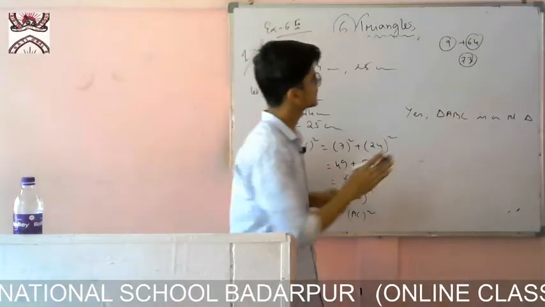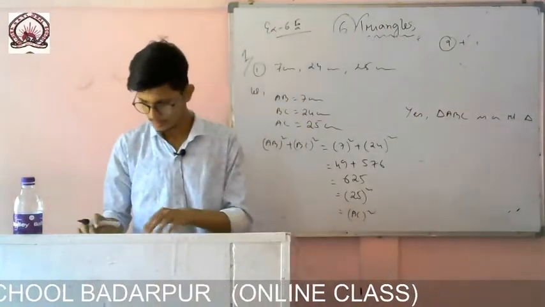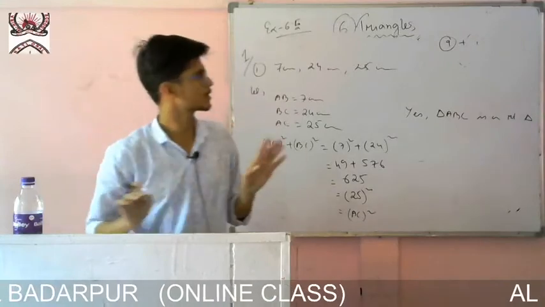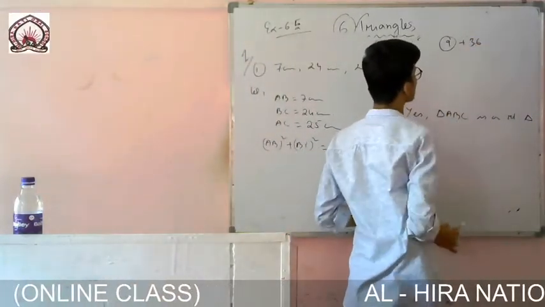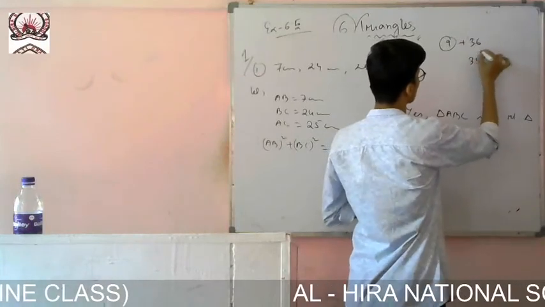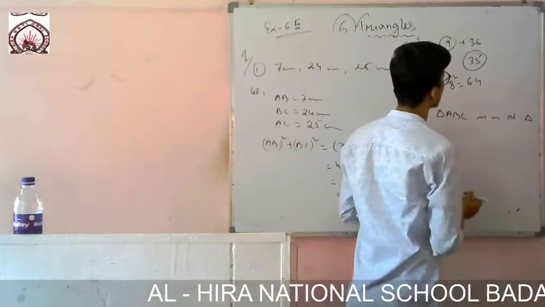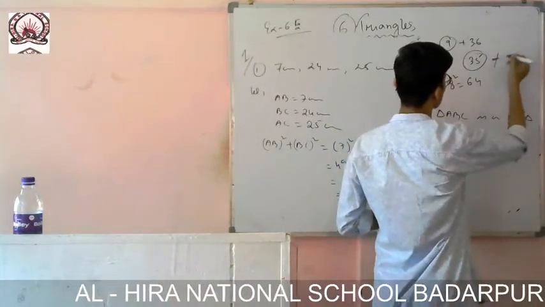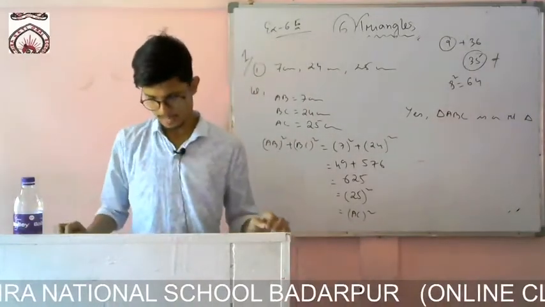Sorry, what have I written? The sides given were 3, 8 and 6, sorry. So 3 square is 9 and 6 square is 36. So 36 plus 9 is 45. But 8 square is equal to 64. That means it is not equal to the other side square. So we can say that this one is not a right triangle.